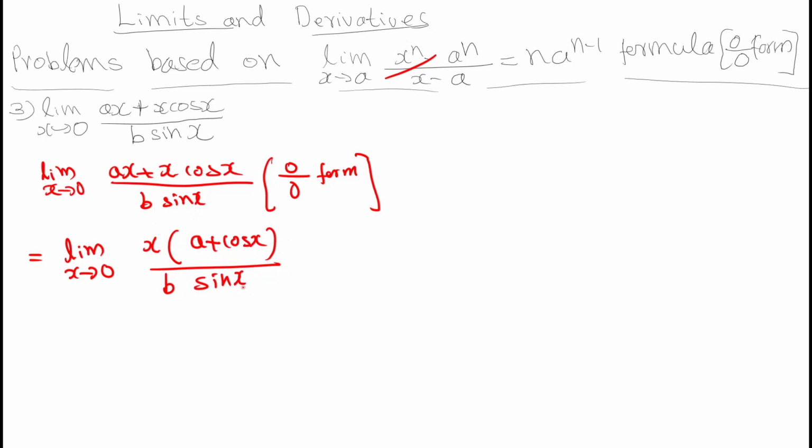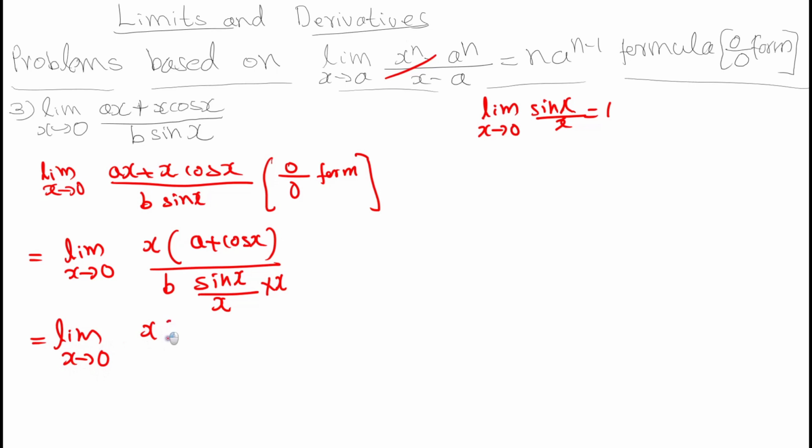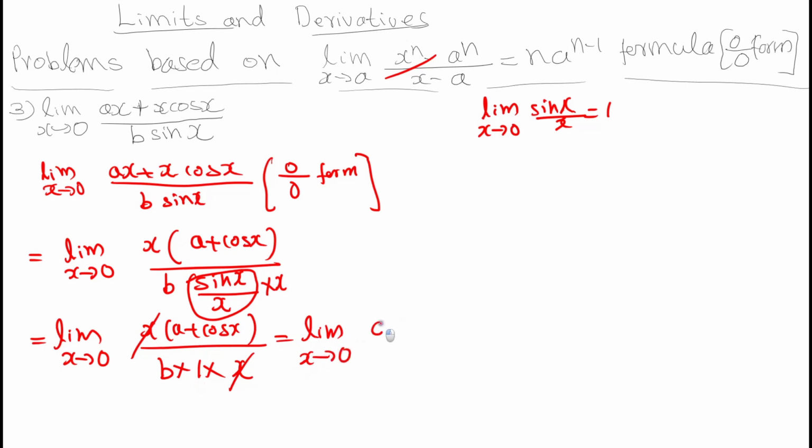Now x cancels. So the remaining function is limit x tending to 0 of a plus cos x divided by b.